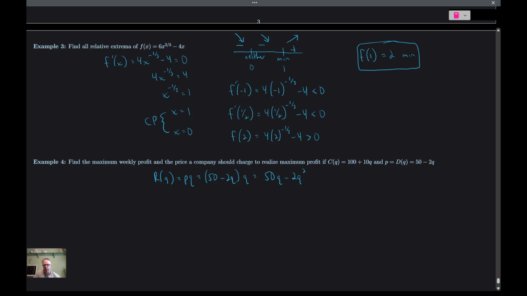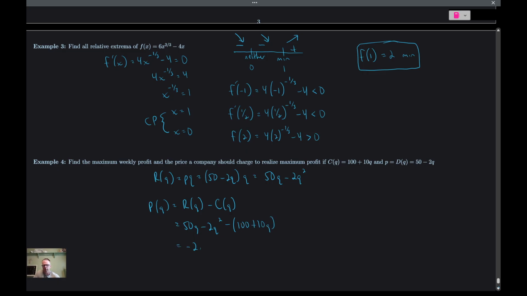So let's get our profit function. So profit will be revenue minus cost. So that is 50Q minus 2Q squared minus the cost, which is 100 plus 10Q.